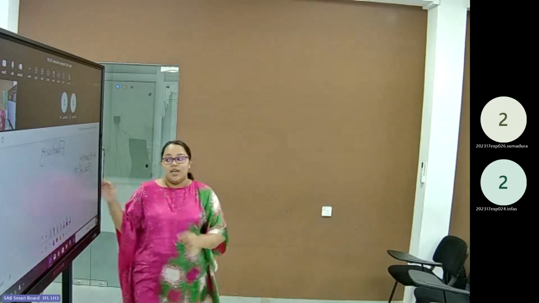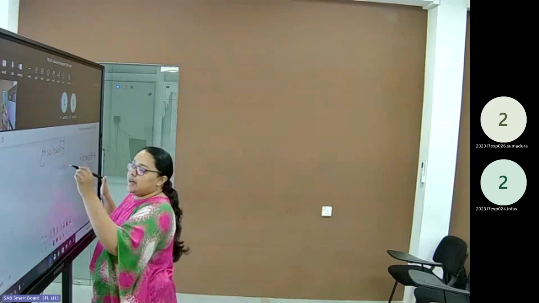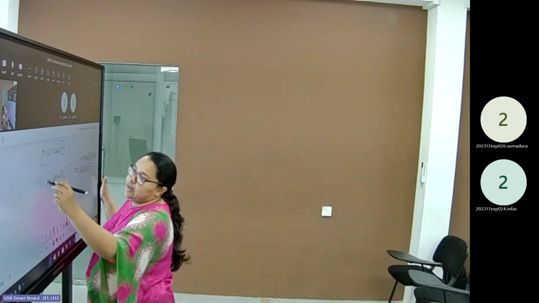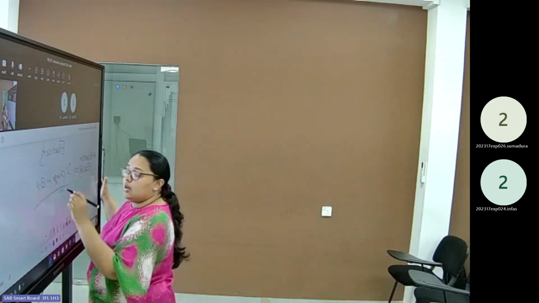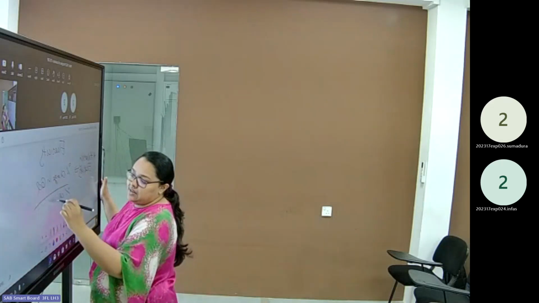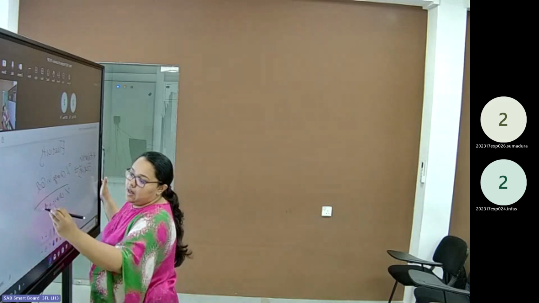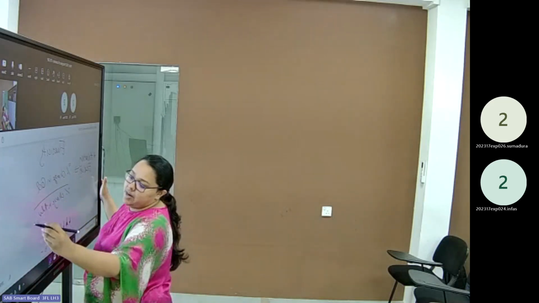If that's the case, percentage change in QD to percentage change in advertising expenditure.